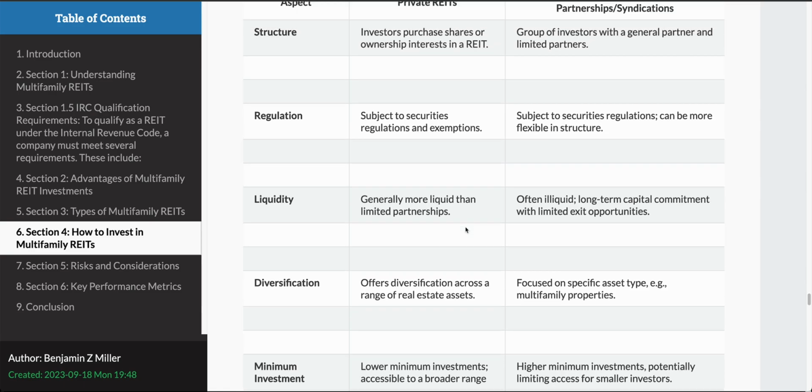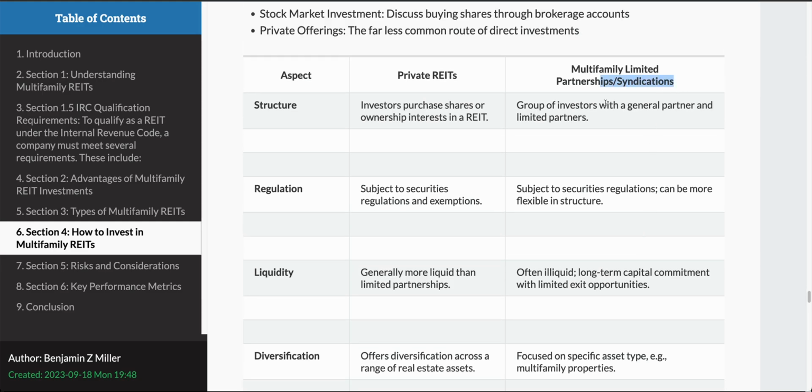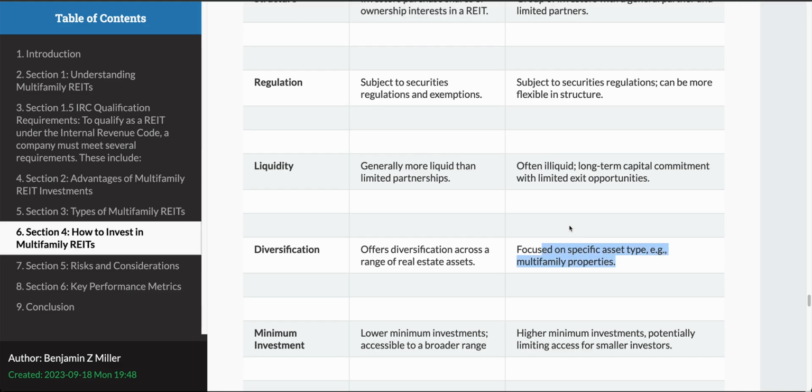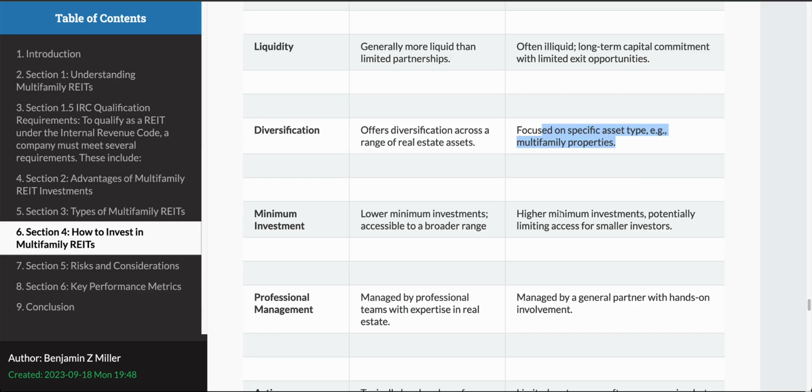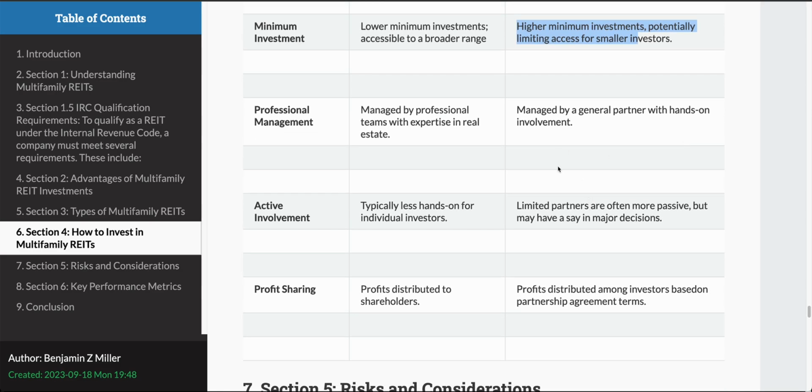The private REITs can sometimes have a little more diversification, but you can simulate diversification by investing in more than one syndicate. So the minimum investments, sometimes they are lower minimum investments, but in the multifamily, it's typically higher minimum investments. The management in both cases is professional. You normally have in a syndication a general partner that has experience with multifamily.